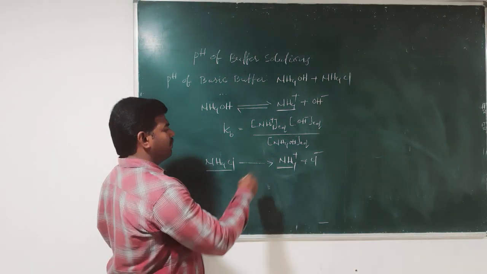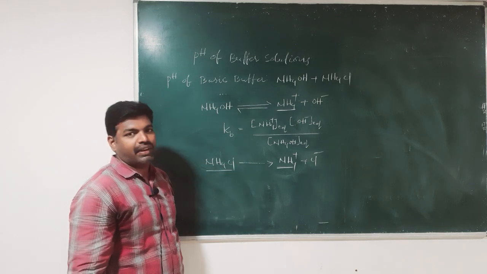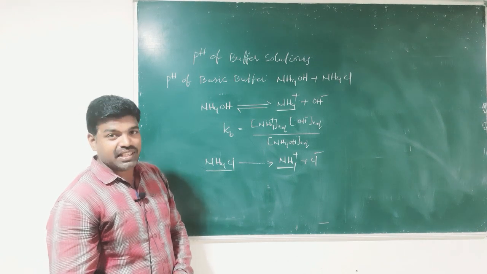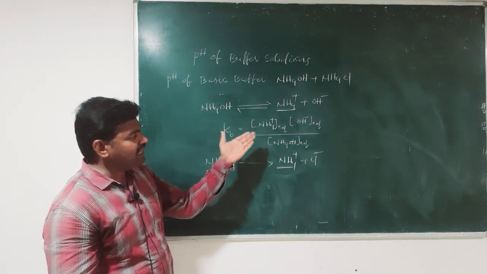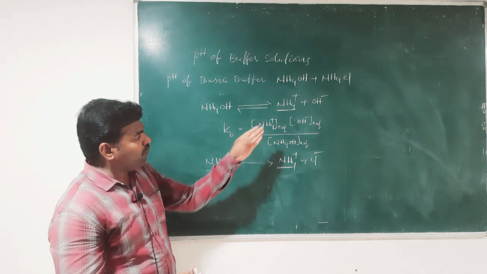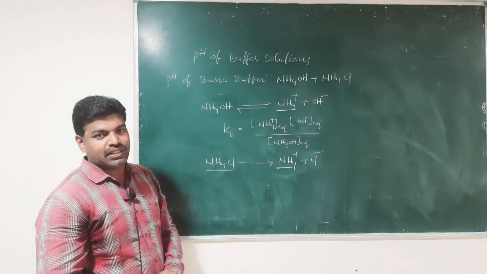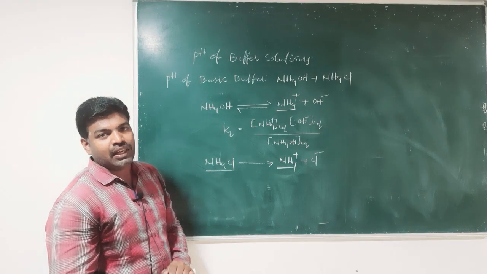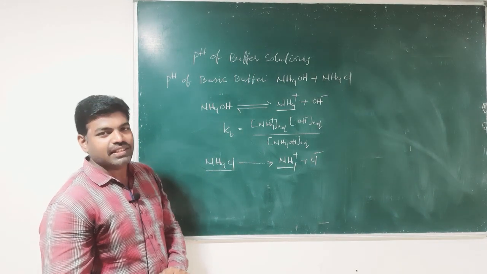So for calculating the pH, we need the concentration of H plus ions, but we have only the concentration of OH minus ions. So we shall calculate the pOH and from that we shall calculate the pH, right?